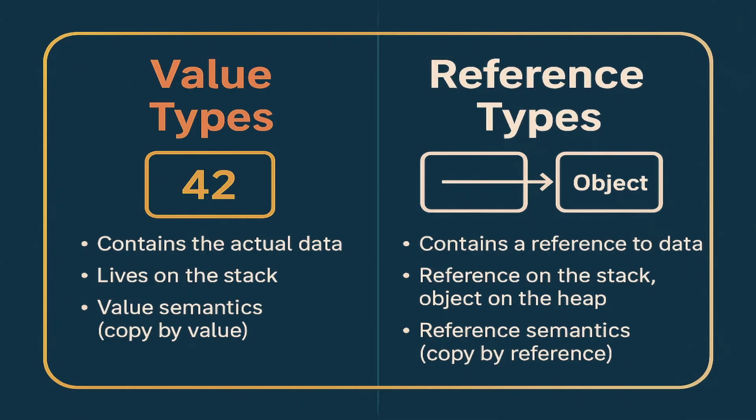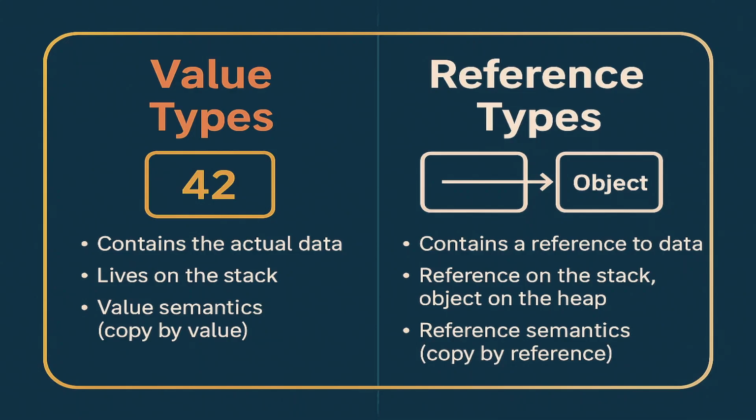When you assign one value type variable to another, for example a equal to b, you get a complete copy of that data. So you end up having two copies.